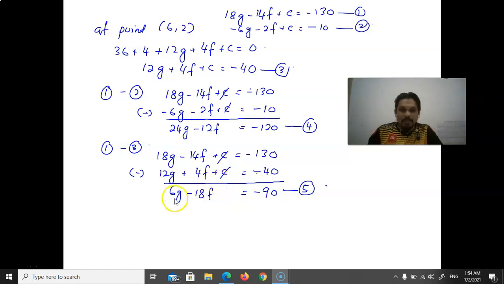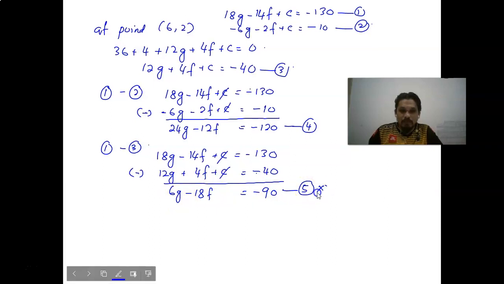You may come up with any idea as long as we can reach our goal or target. Just imagine that if I multiply equation 5 by 4, why? 6 times 4 equals 24, so 24 minus 24. Get it?